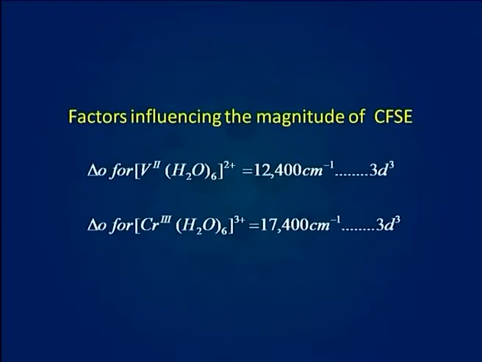You can see the crystal field stabilization energy for vanadium 2+ is less than the crystal field stabilization energy for chromium 3+, while both are d3 ions. This fact can be explained in terms of charge on the cation. The chromium 3+ ion, which has greater positive charge than vanadium 2+ ion, exerts a greater attraction for water molecules, which act as ligands here.